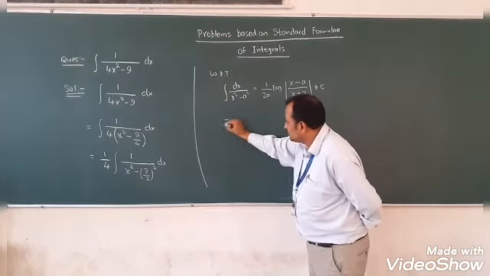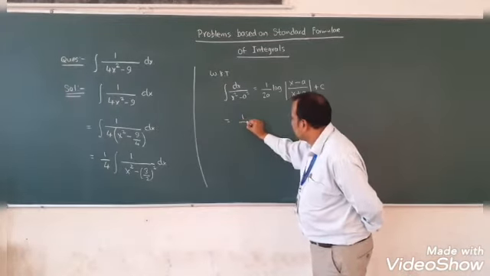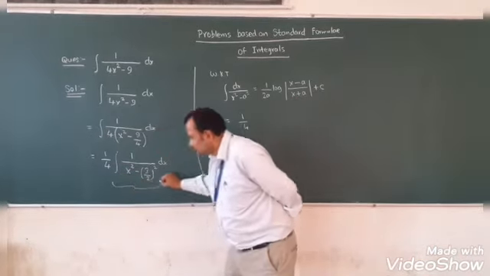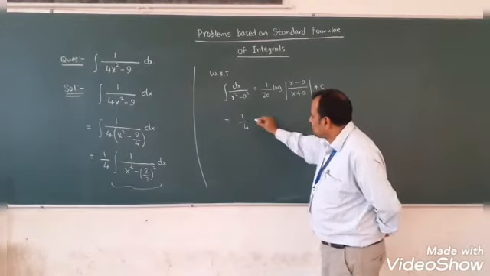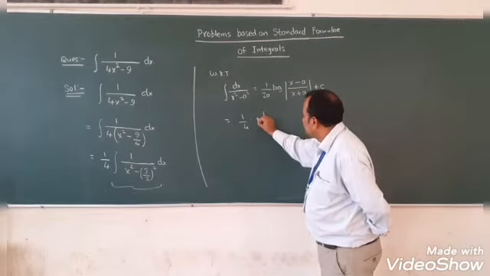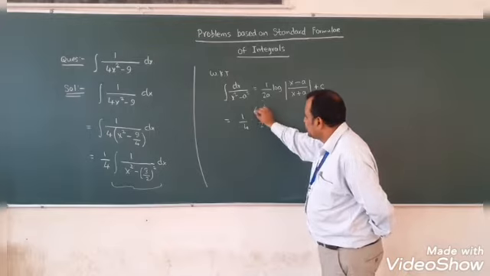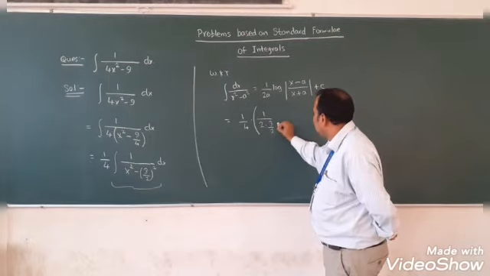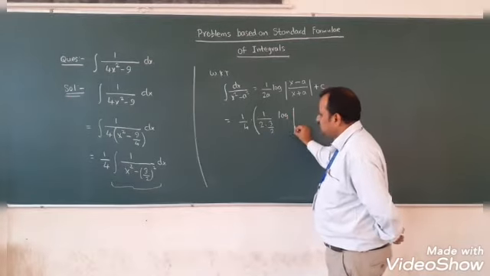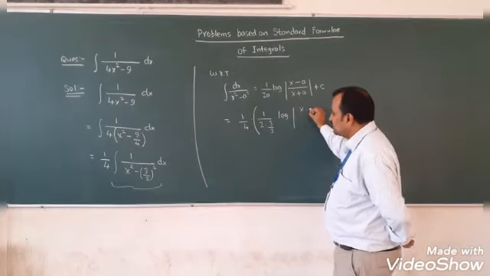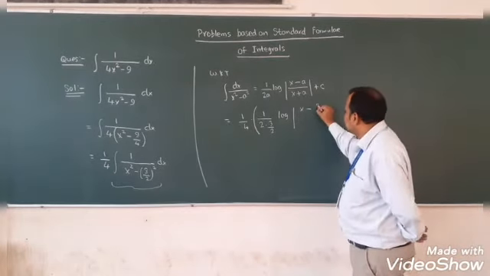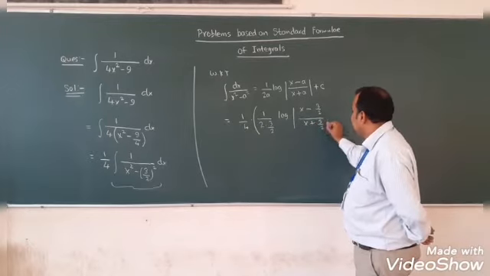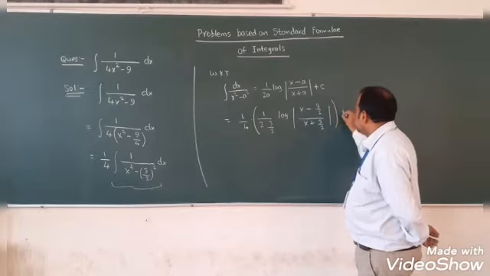So given question we can write as 1 by 4 into. Now for this apply the result. When you apply the result, what you will get? 1 by 2a. What is a here? A is nothing but 3 by 2. So 3 by 2 log of x minus a, a is 3 by 2, divided by x plus 3 by 2, plus c.